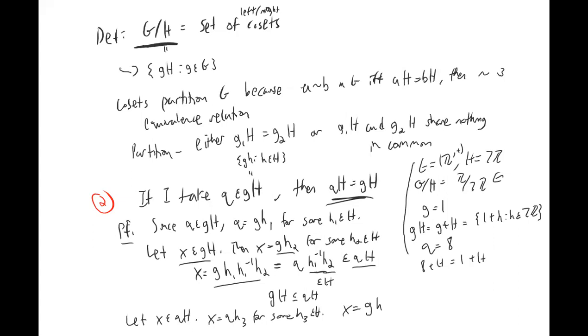So X is GH1, H3, and again H1, H3 is some element in H. So this is in GH. So I have QH is a subset of GH. If I have two sets that are subsets of each other, then the sets must be equal, right?